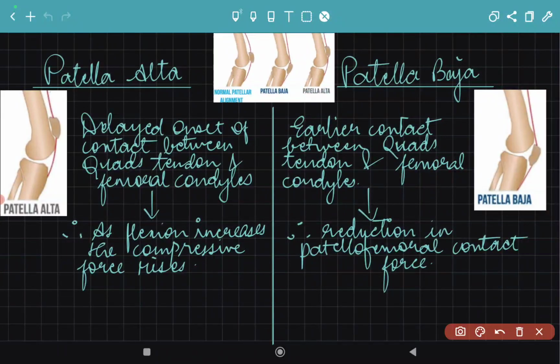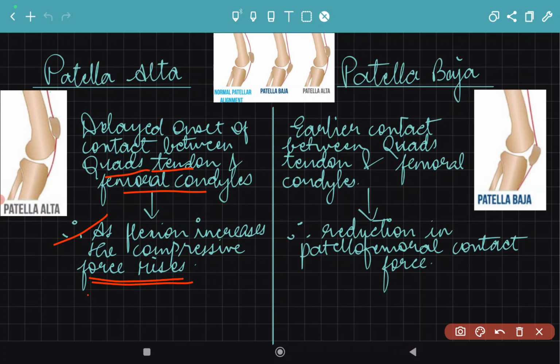So that is what was discussed: in patella alta, where the patella lies higher than normal position, there is delayed onset of contact between the quadriceps tendon and femoral condyles. In this case, as the knee flexion increases, the compressive force will rise, because the patella obviously is not there to increase the contact force.